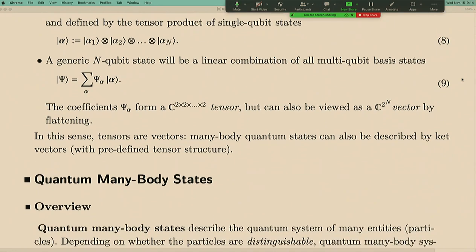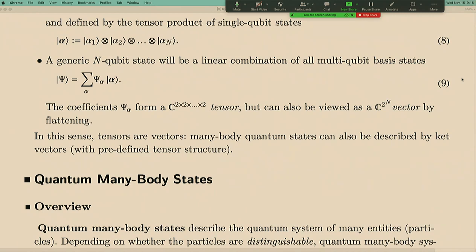When you encounter a many-body state that cannot be written as a tensor product of subsystems, that's when we say that the state describes a quantum system that has quantum entanglement. So quantum entanglement means that it is a quantum many-body state that cannot be written as individual states tensor producted together.